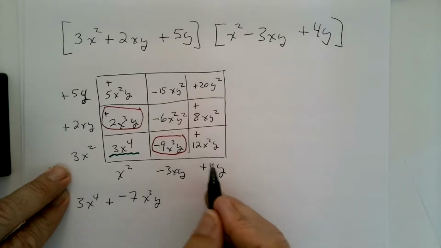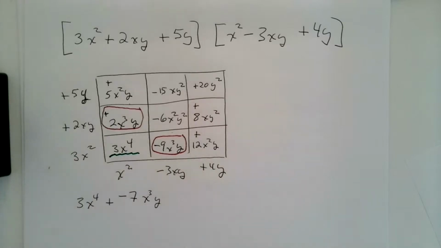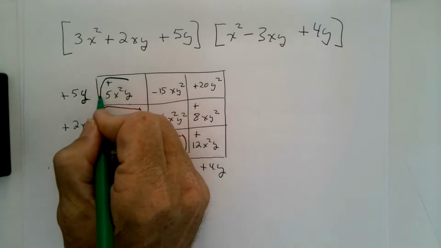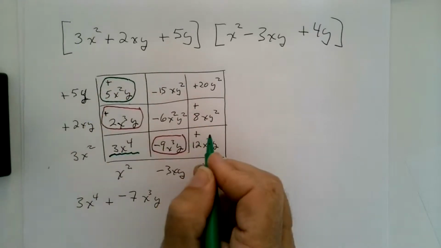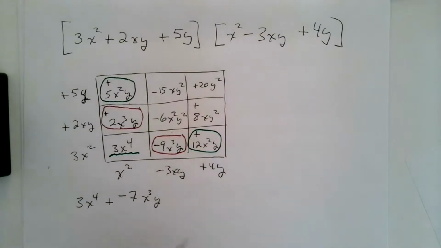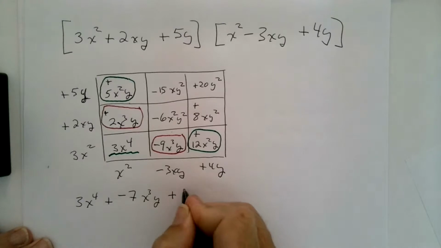That's not wrong. 4 times 3 is 12 x squared y. So my x squared y's are where? My x squared y's are here. Here's an x squared y. And here's an x squared y. So if we add those together, what do I get? 12 and 5, 17 x squared y.